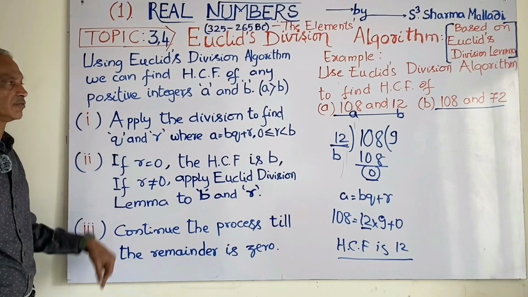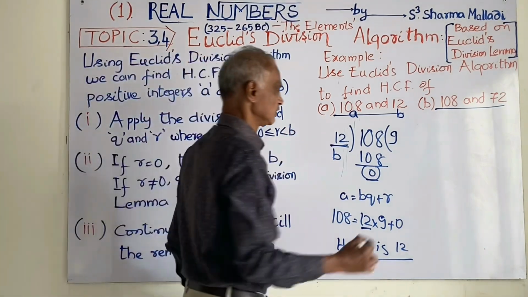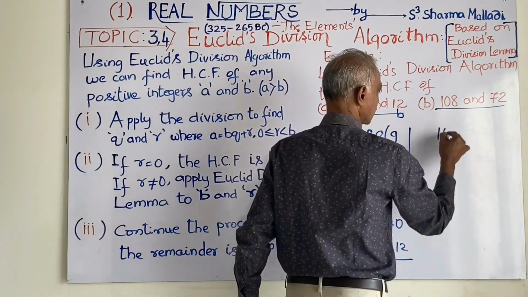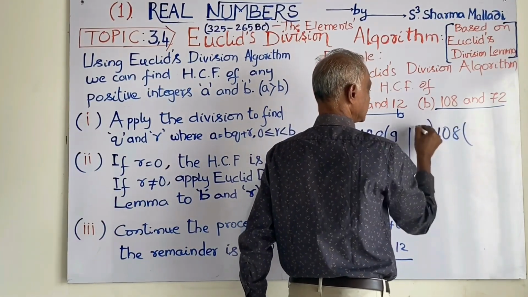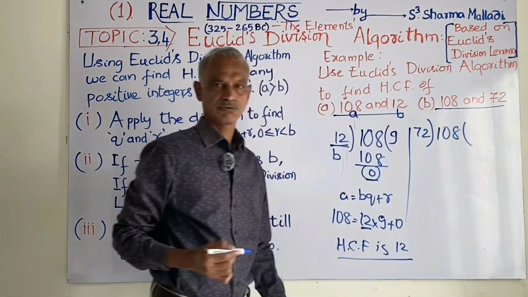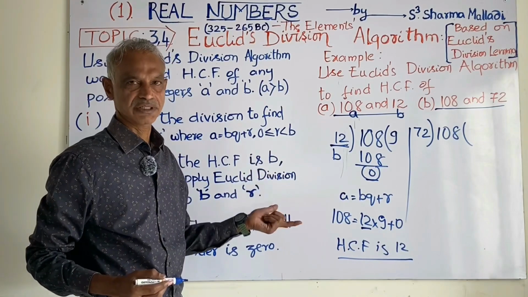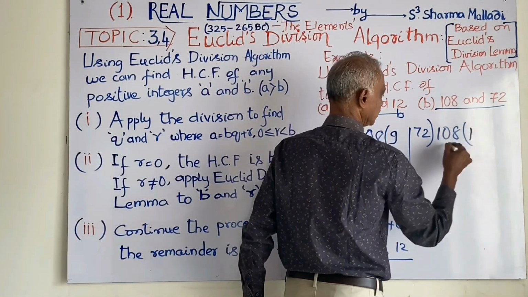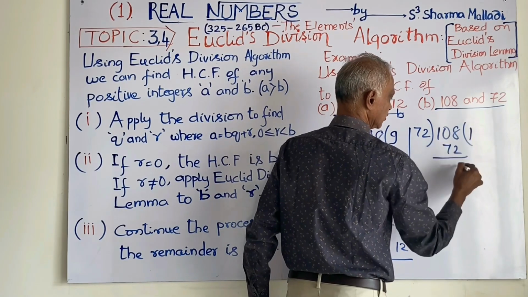If R is not equal to 0, we will take this case. In this problem, we have to divide 108 with 72. See, one time it will go, and what is the remainder?